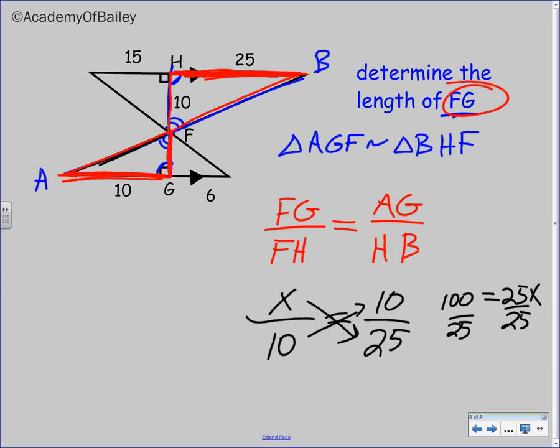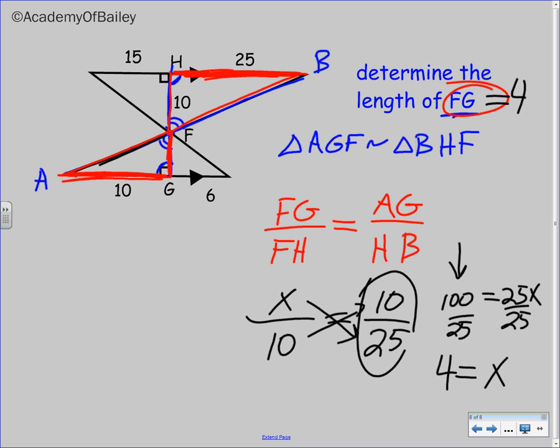In this case, I'm not reducing 10 over 25 because 100 divided by 25 is 4. That's an easy number. If you've ever bought bubble gum from a bubble gum machine, you're usually using quarters. And when you go get a dollar bill changed out, you get 4 quarters in it. There you go. X equals 4. Well, what is X? FG is 4.